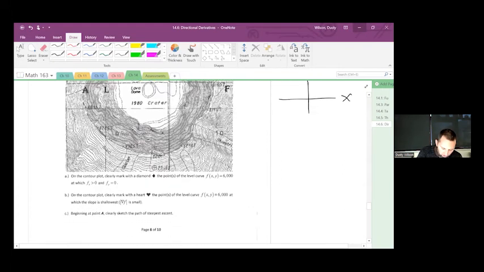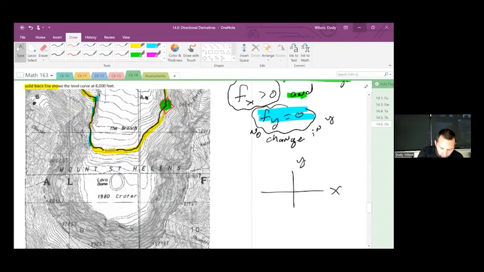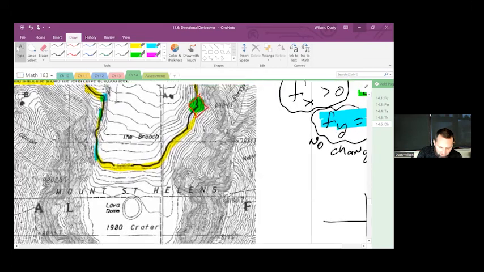The second question asks us, on the contour plot, clearly mark with a heart the point or points of the level curve f(x,y) = 6,000 at which the slope is the shallowest. That is, the gradient is the smallest. So we're looking for where it's flat.